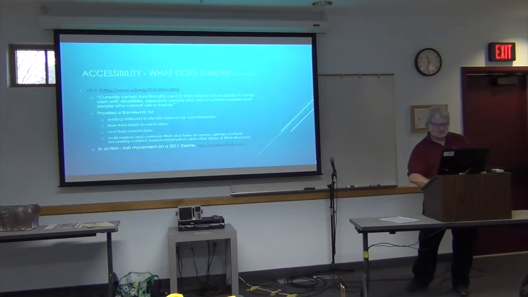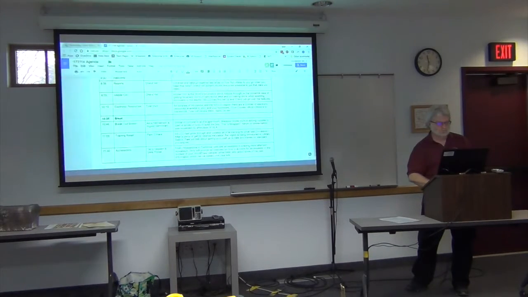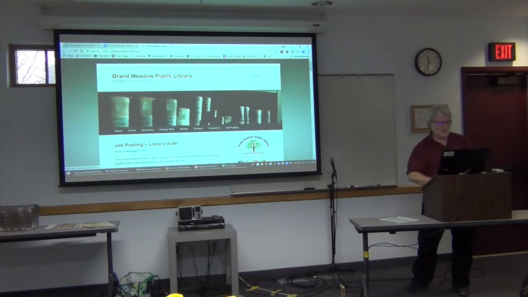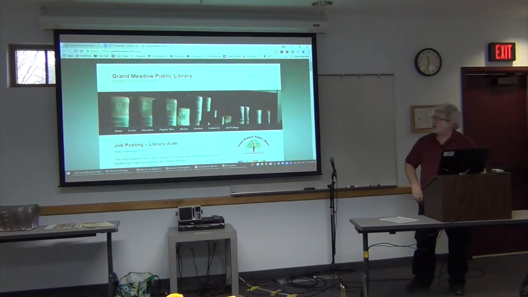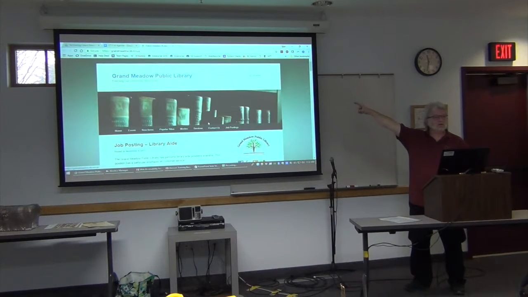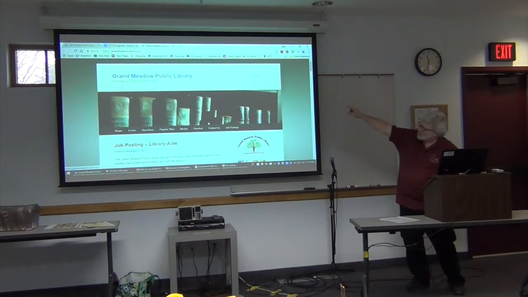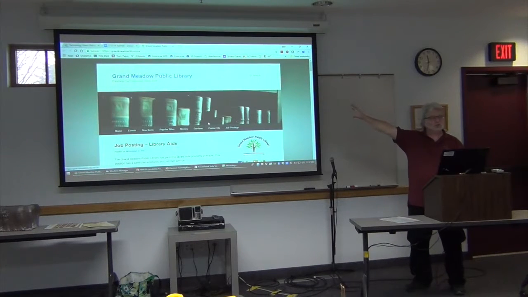What I'd like to do, so Grand Meadow's site was using 2011. So if I tab, you can see that the title is a link, so it went blue. When I tab again, it went over to the search.